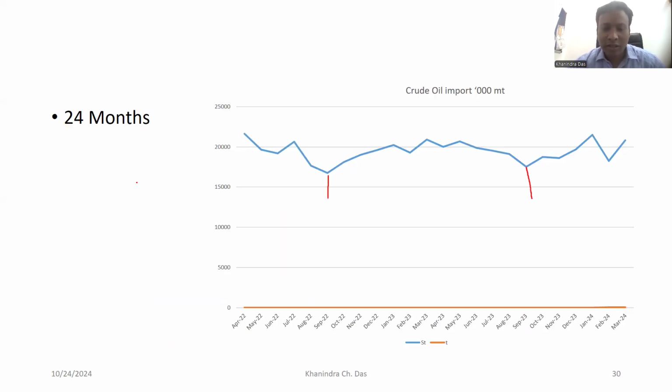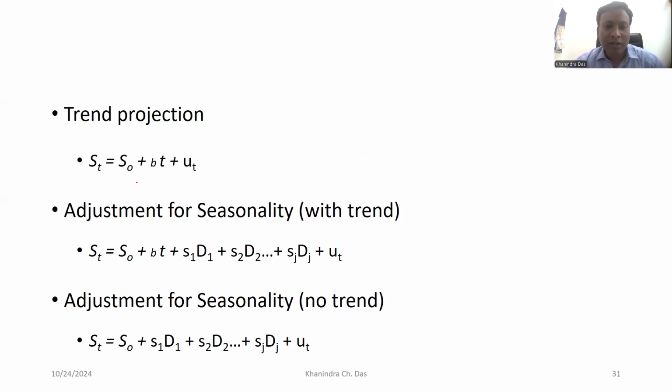For this illustration, we are going to use a method that corrects for seasonality, and for comparison, we also will use a method which uses trend in forecasting the series.